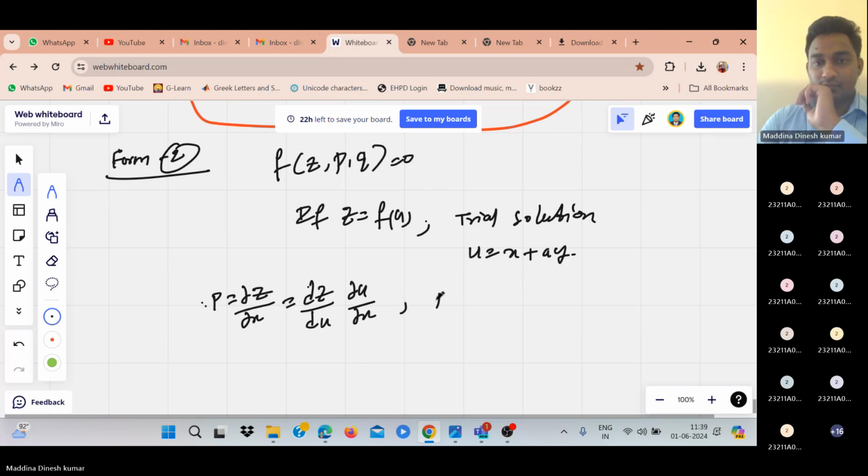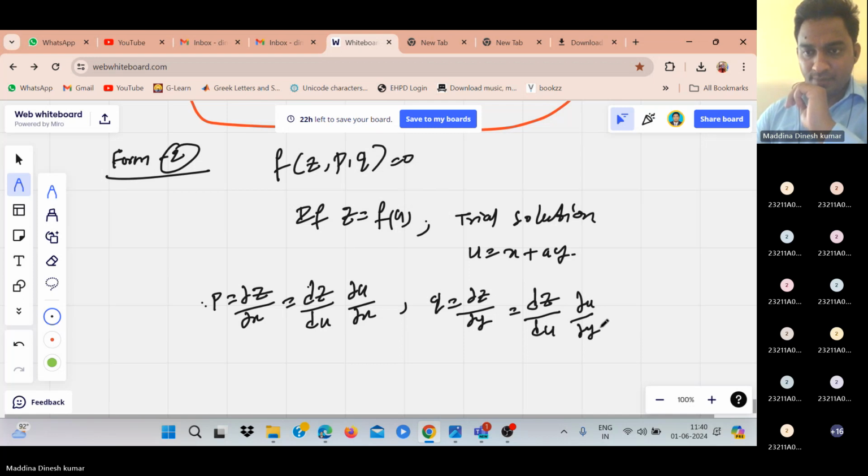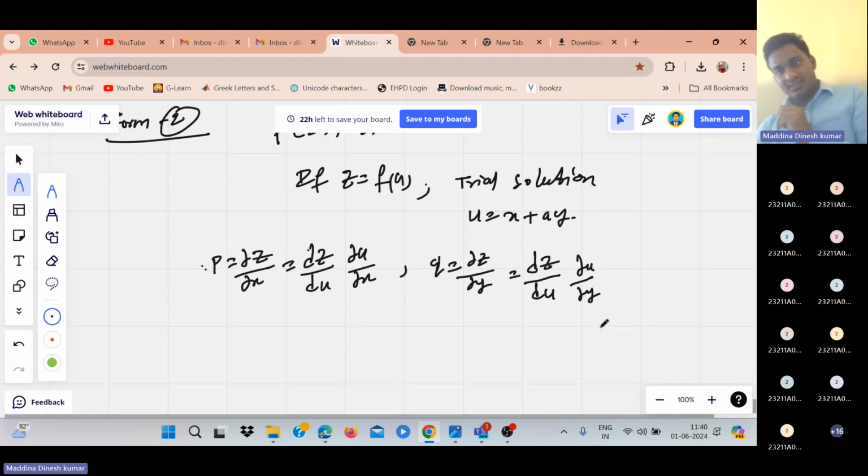And q equal to dou z by dou y, that is equal to dz by du times dou u by dou y.